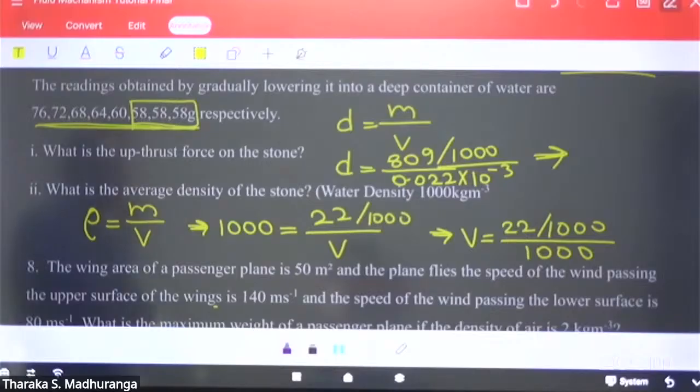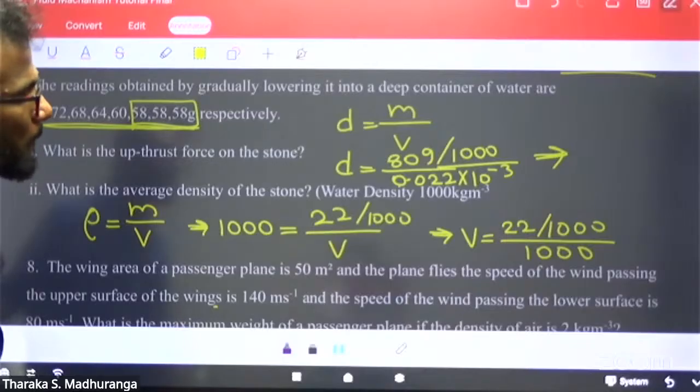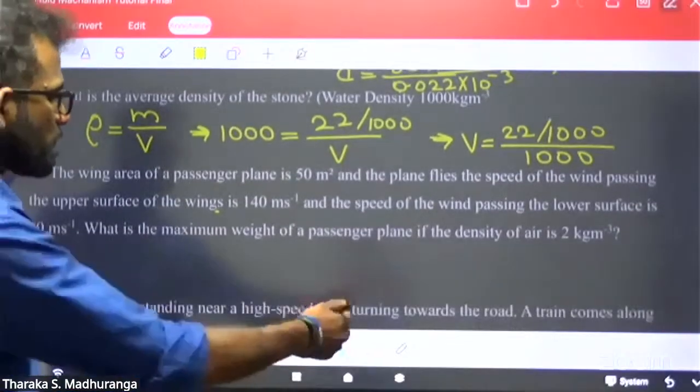Okay, what's the value? Okay, it's coming as a small value. Get the value and go to the Bernoulli's theorem questions.